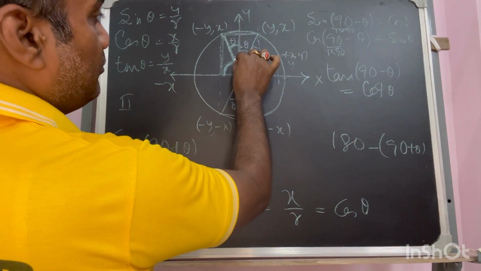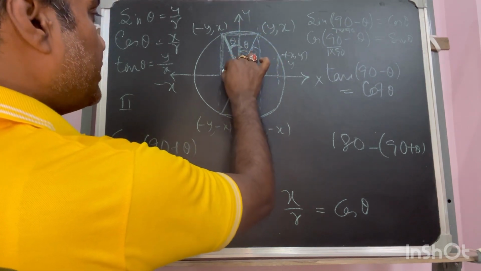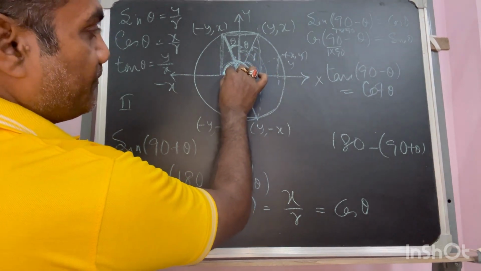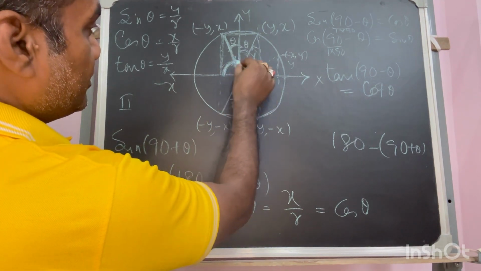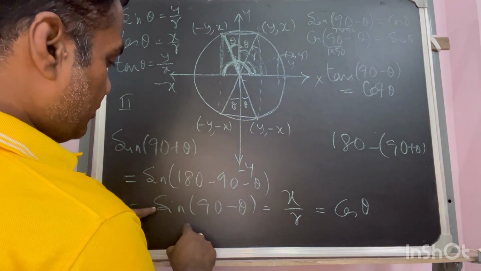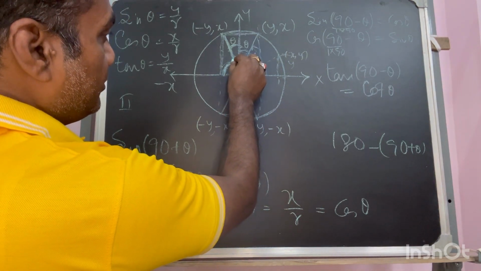Now I am not getting any triangle here. I am getting the triangle with the minus x axis. So this angle has to be considered as theta. So I have to take consideration of this angle, which is how much? 180 minus this angle, if I subtract this angle, will give you that. So the actual angle for the ratio I will get with this angle.